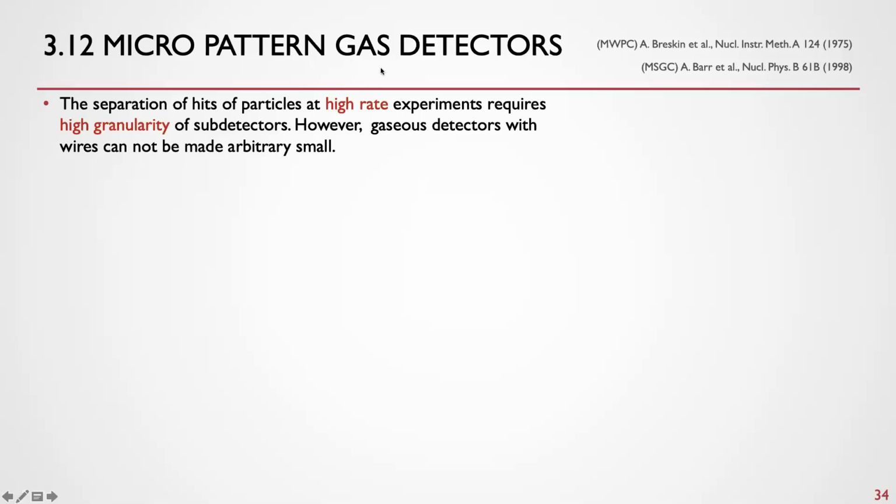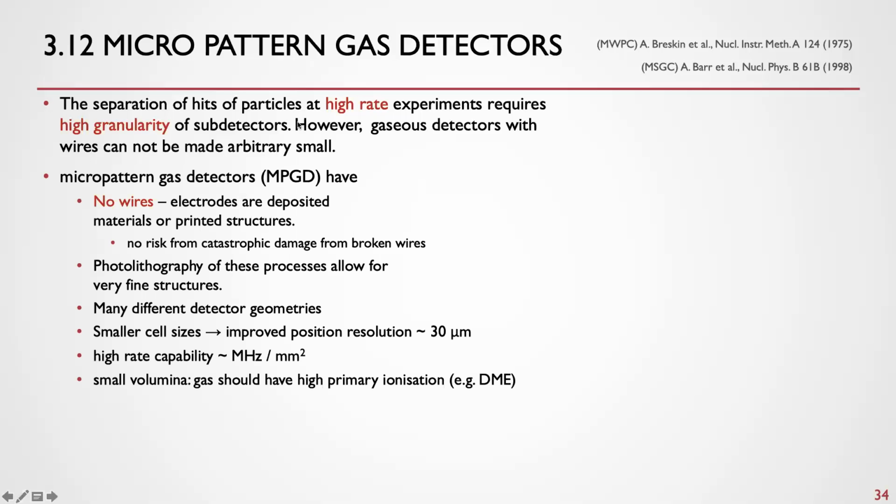The main task is to separate the hits of particles in high rate experiments, which require a high granularity in these sub-detectors. Now, in principle, you want to make your detector smaller, but that does not work with wires. Wires cannot be made arbitrarily small.